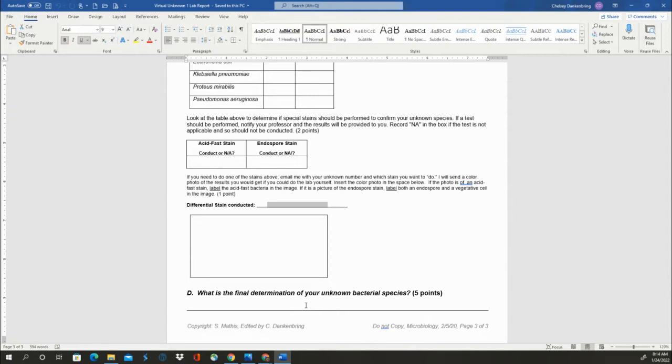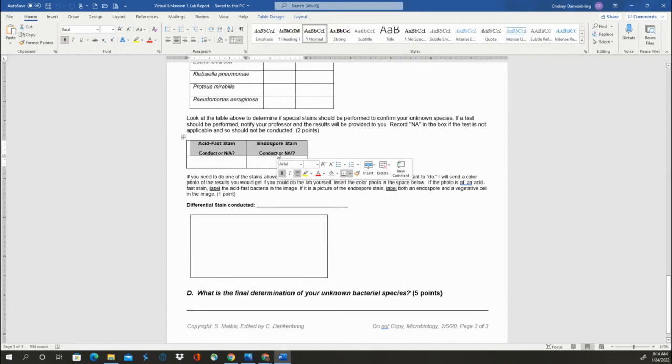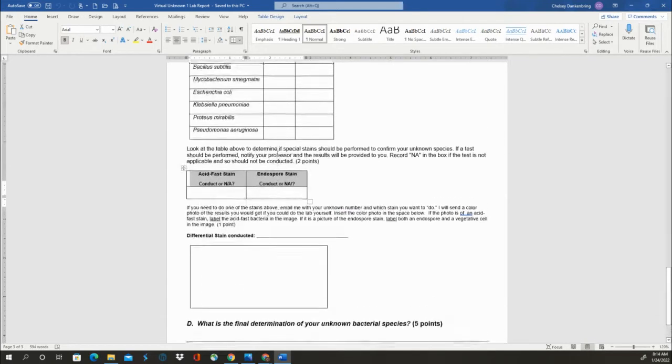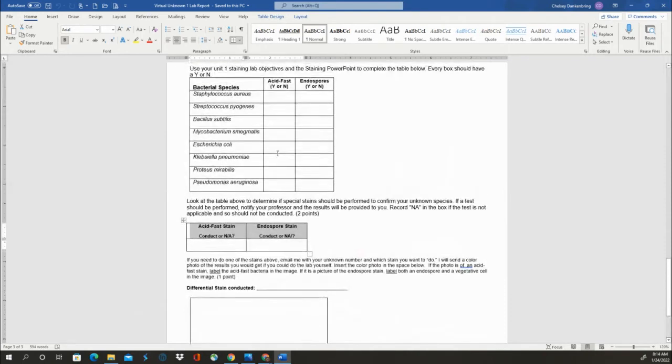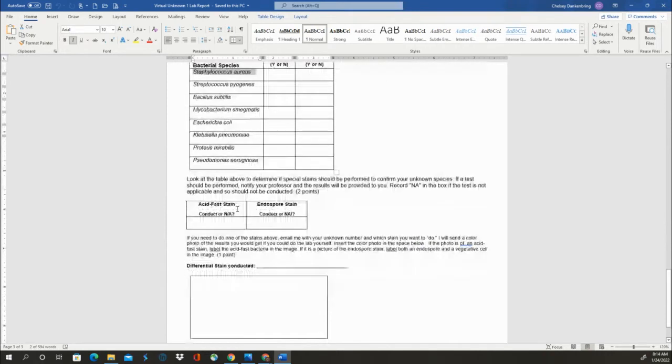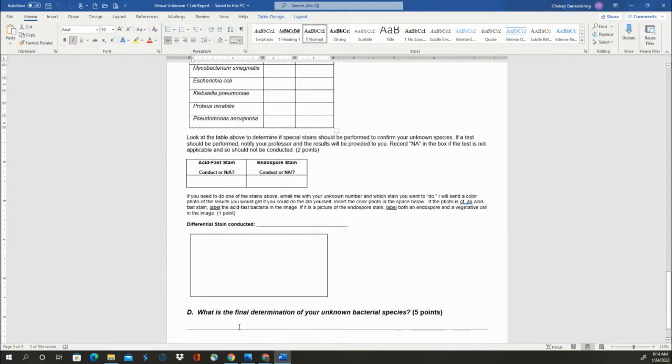So I will give you the colony and the gram stain. You will request a picture of the acid-fast stain or the endospore stain only if your unknown organism needs it, okay? So if you come up here and you tell me that Staphylococcus aureus doesn't need either of these stains, and then you tell me that your organism is Staphylococcus aureus and you've requested the endospore stain, you're going to lose points because all of it has to line up and make sense.